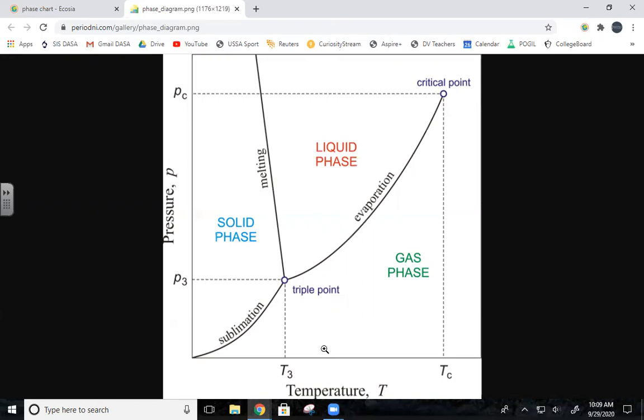There's no numbers here, but let's just say it's right here, 25 degrees C, and let's say we have 1 atmosphere of pressure, which is normal pressure here on Earth, normal pressure at sea level. So it's right here, it's the liquid phase, okay? We're all familiar with that, right? It's liquid water.